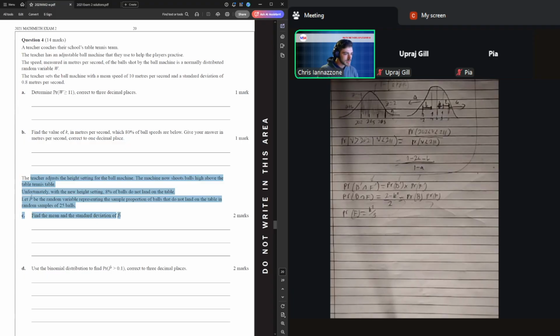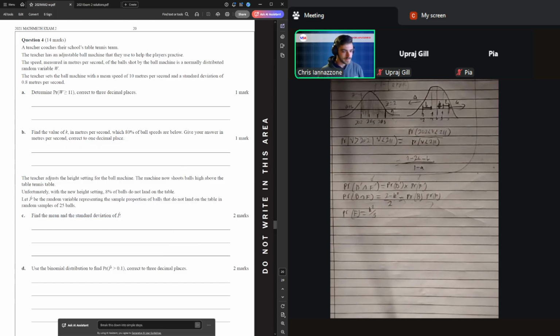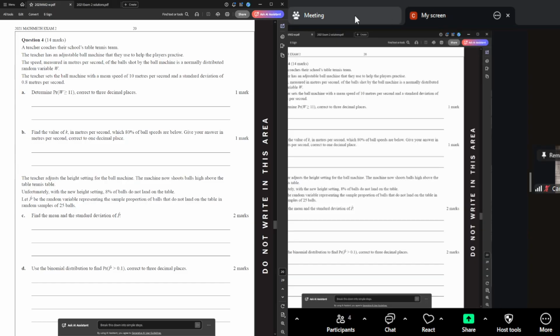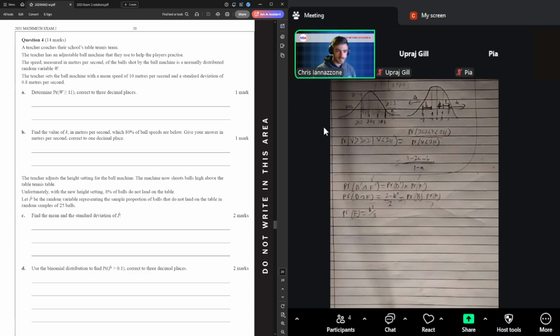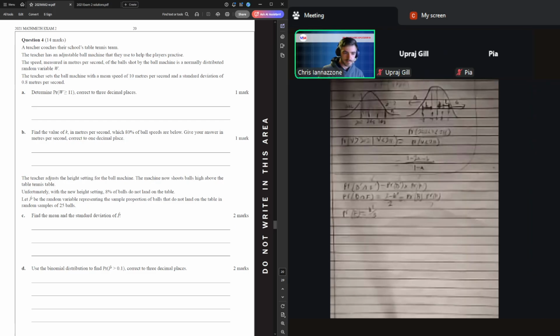Whole bunch of adjustments. Find the mean and standard deviation of P hat. Mean is 0.08.